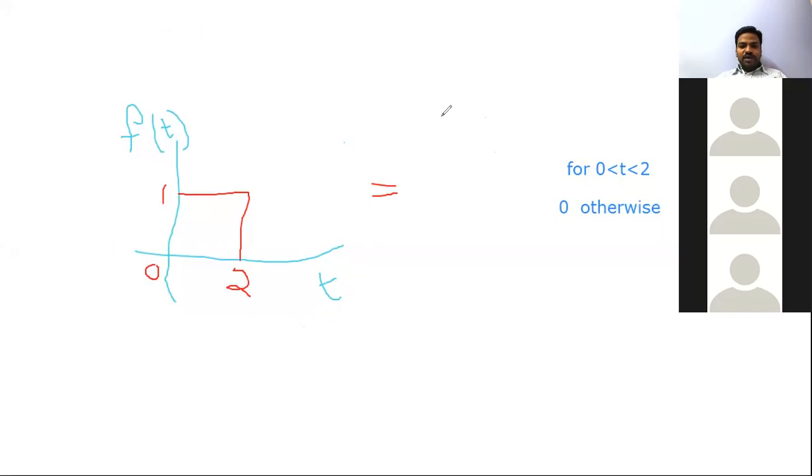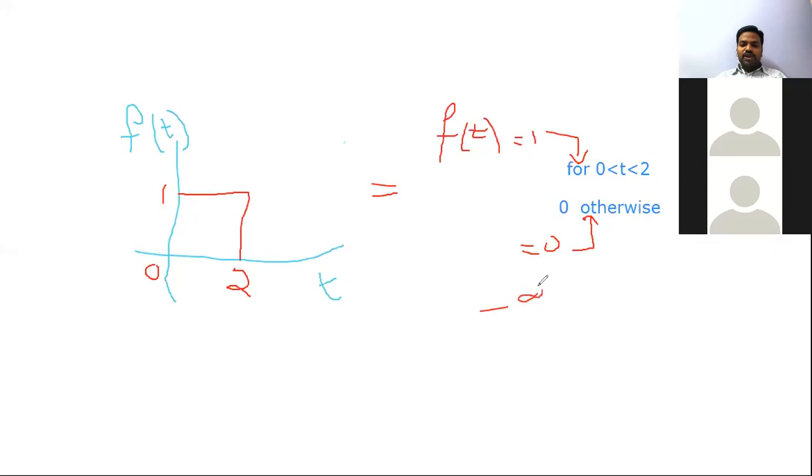That is given by f of t is equal to 1 during this particular interval, and it is equal to 0 otherwise. Otherwise includes minus infinity to 0 and 2 to infinity. So only in between 0 and 2 you will have that one value, right?